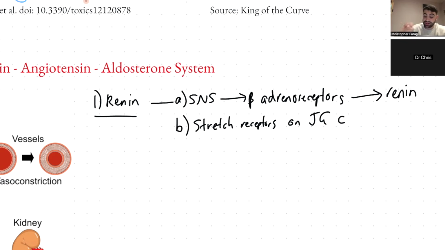And in this way, if we have a dehydrated state and we have reduced perfusion to our juxtaglomerular cells because we're dehydrated, if we go dehydration, it's going to cause decreased stretch of the juxtaglomerular cells, which in itself will cause increased renin release.